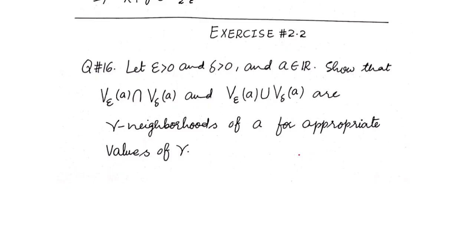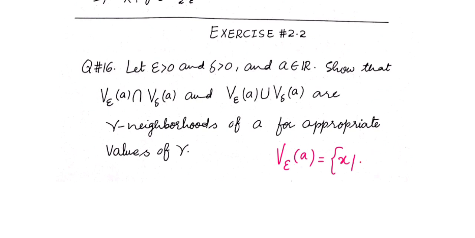If a is any real number and epsilon is any positive real number, then the epsilon neighborhood of a is denoted by this notation, and it is actually the set of all real numbers. The epsilon neighborhood of a point is always a set.